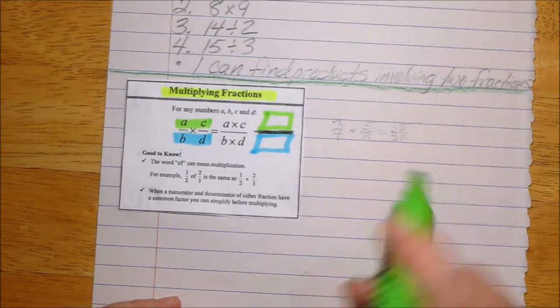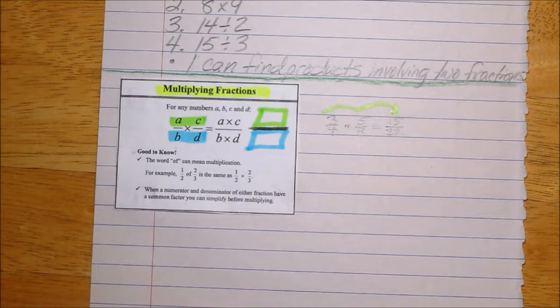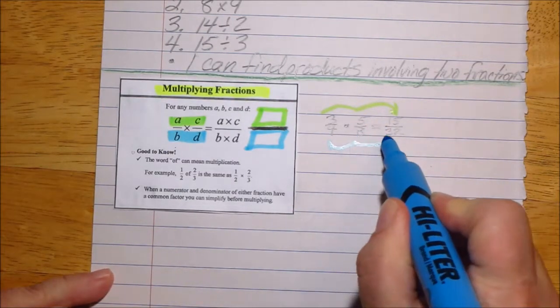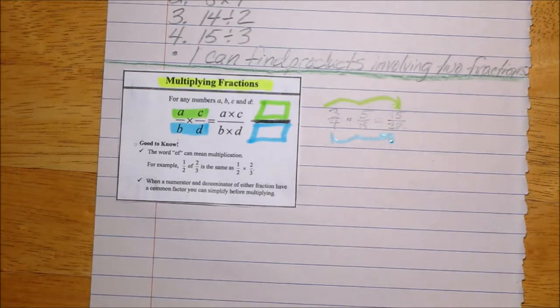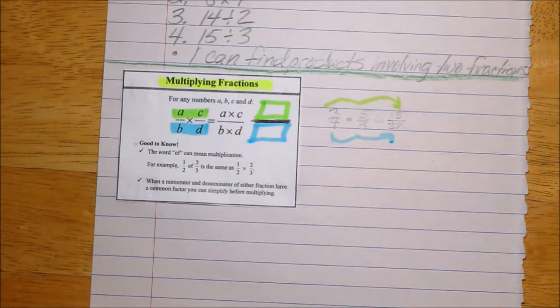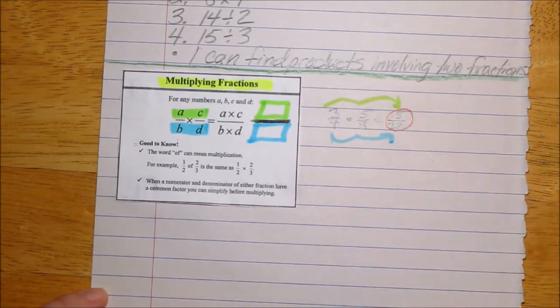So what I wound up doing is I multiplied 3 times 5 to get my answer here. And then I multiplied 4 times 8 to get my answer here. And then the last thing I always look for is, can this fraction be simplified? And this fraction cannot be simplified. It is already in its simplest form. So I'm going to circle it with my red pencil.